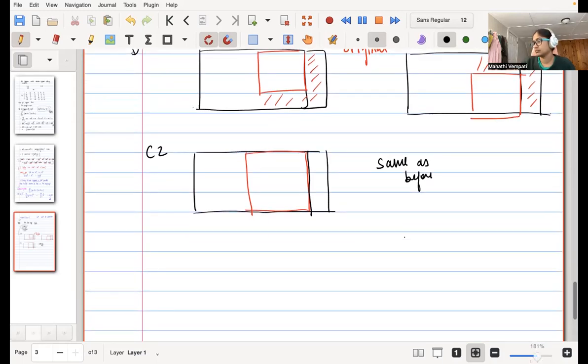Okay. Case three, where it's not touching the border at all.